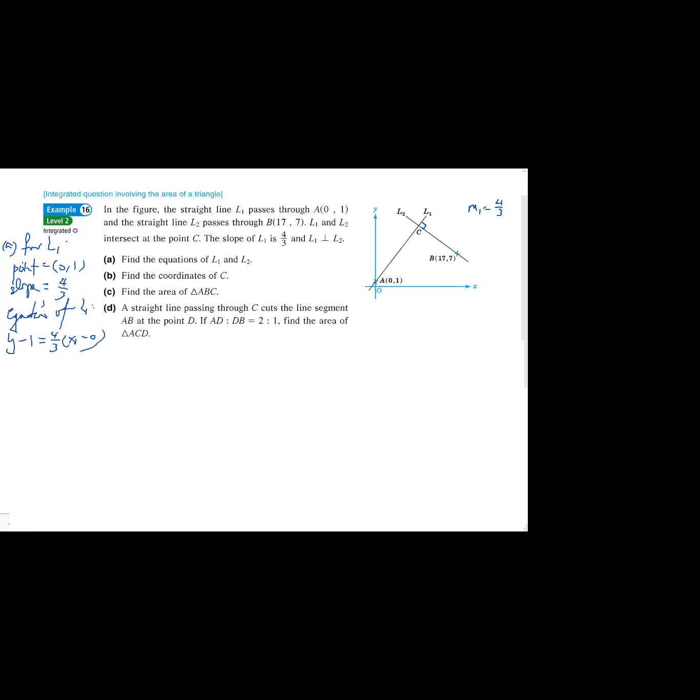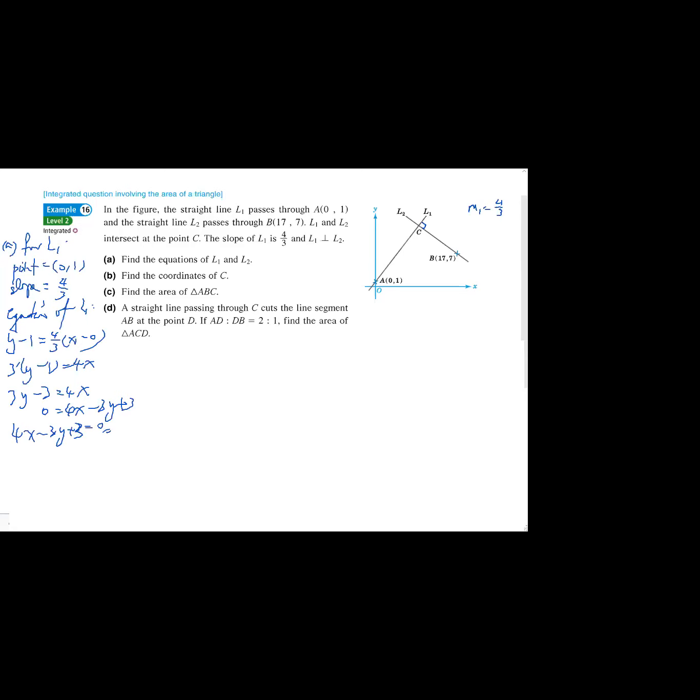Multiplying by 3, we get 3y minus 3 equals 4x, and then putting all terms to one side, 4x minus 3y plus 3 is equal to 0.